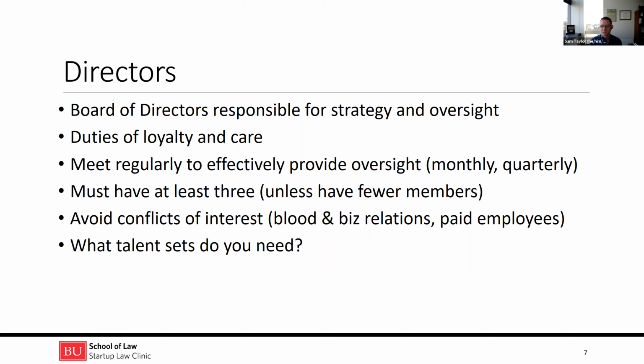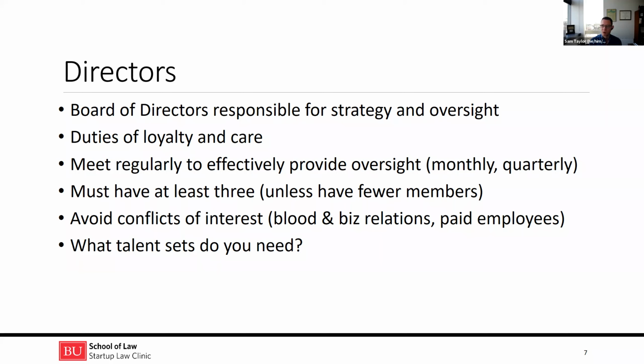Loyalty means you're not going to make decisions that are not in the nonprofit's best interests, or that are better for some other entity or for yourself, so loyalty to the nonprofit that you're a director for. And care means you do the due diligence and put in the care to really, truly care for the nonprofit. So these are standard fiduciary duties.